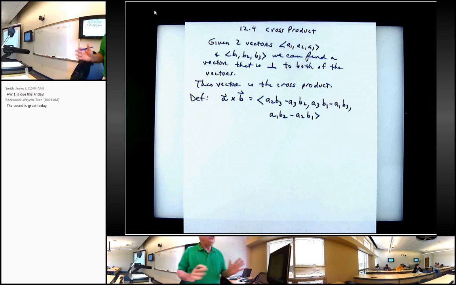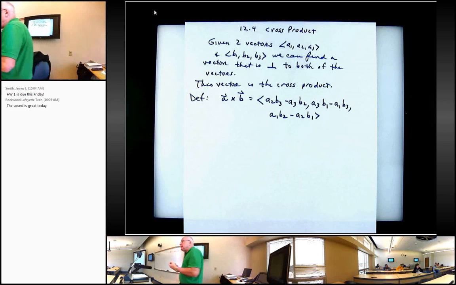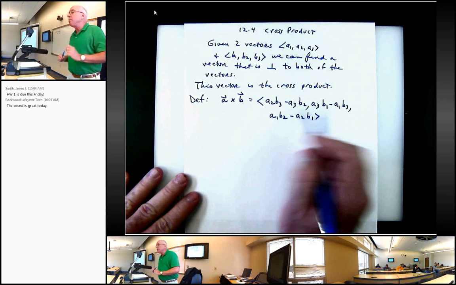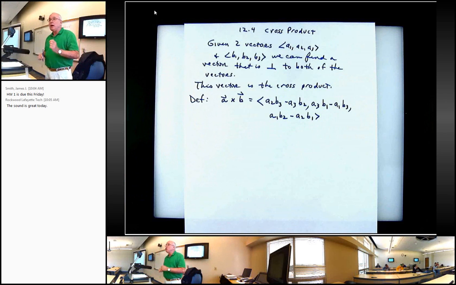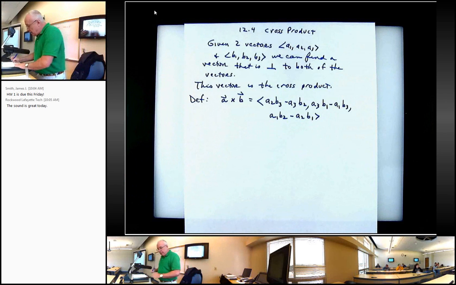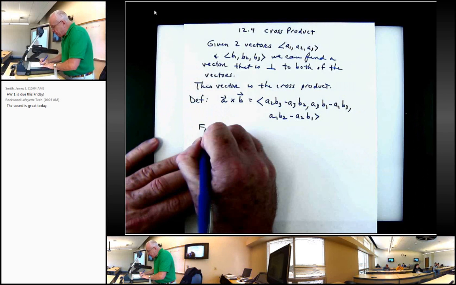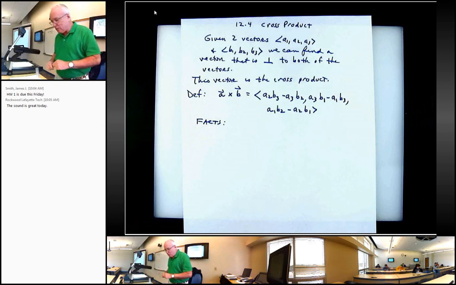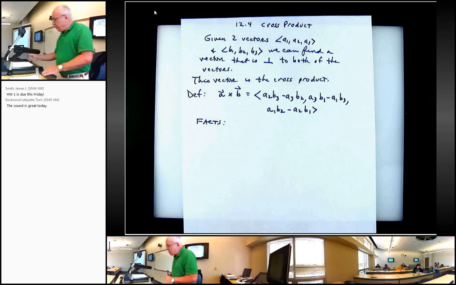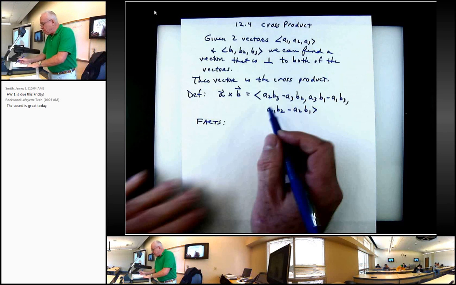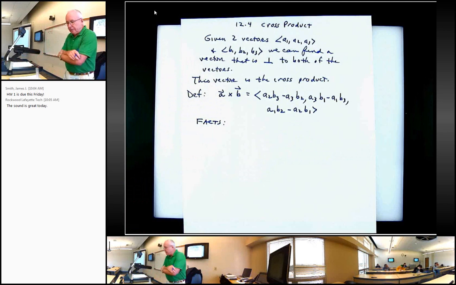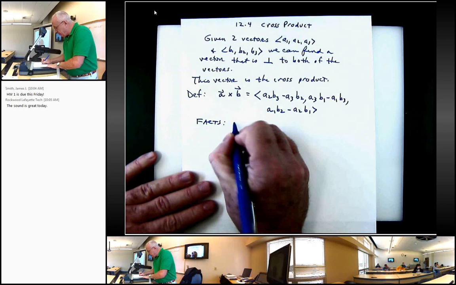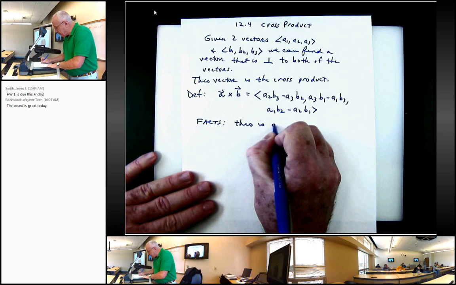You can prove algebraically that this vector with three components is perpendicular or orthogonal to both A and B. We're going to get a much easier way to obtain this than what is written right here. All of these A's and B's are the components of the vector A and the vector B. First of all, note that this is a vector. It's not a scalar. It has three components.